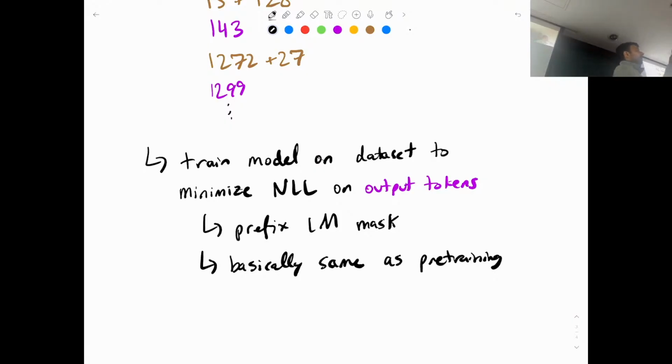Okay, yes. So I'm wondering, what if you forget to apply the prefix LM mask? That's a good question. If you don't use a prefix LM mask, you're not going to change very much. In fact, for many cases, it could be exactly the same. You would just be predicting the next prompt token as well. It might be an issue if your inputs are very, very long and your outputs are short.